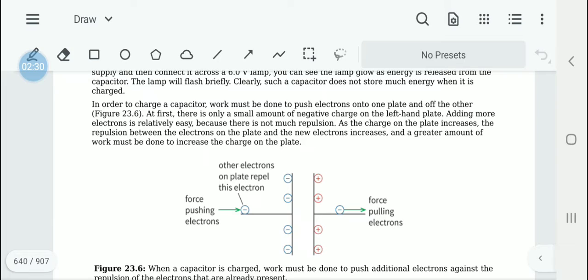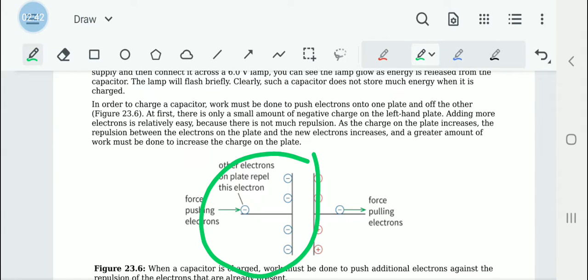However, when we increase the charge on the plate, more and more work needs to be done. You can understand why, because when the negative charges increase, more and more negative electrons get stored here. As a result, more and more repulsion would be there.